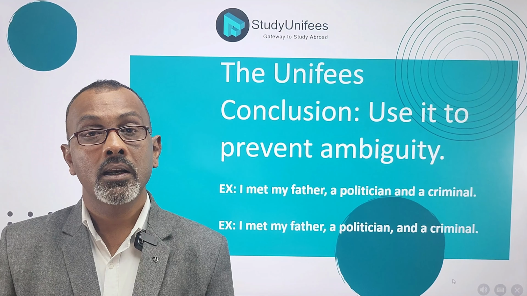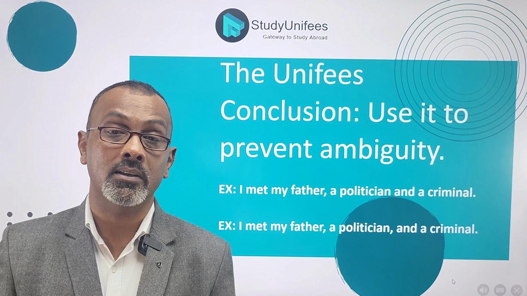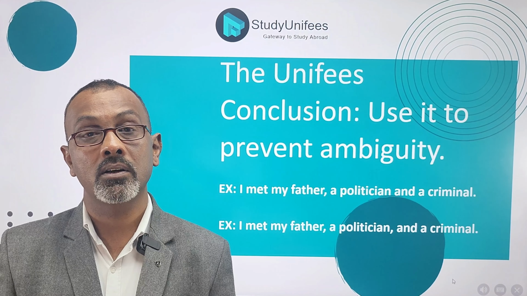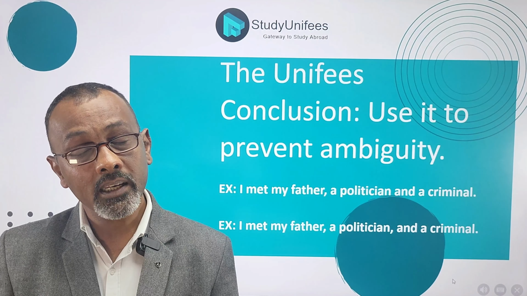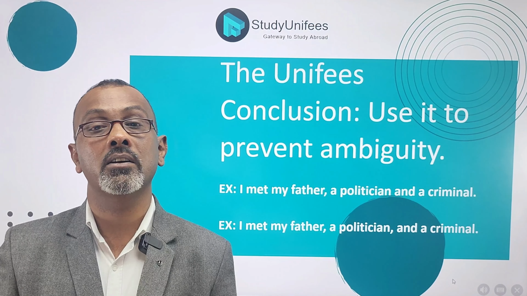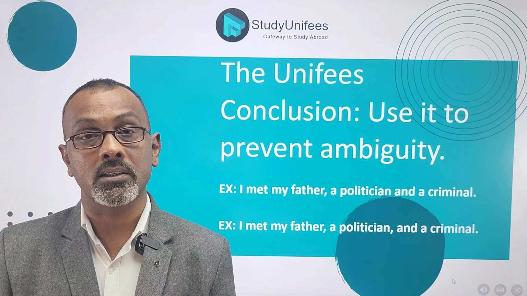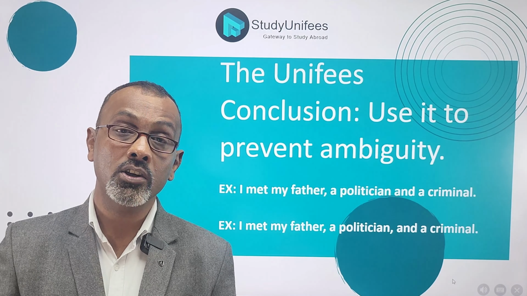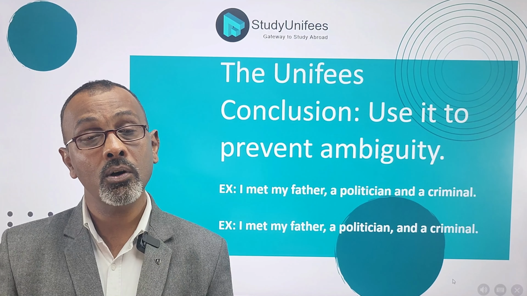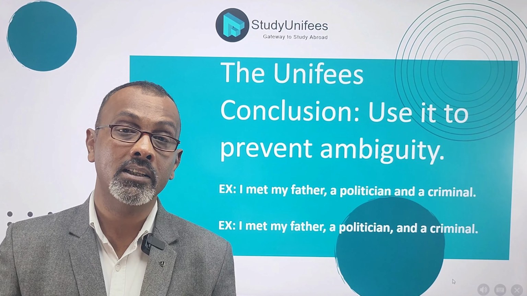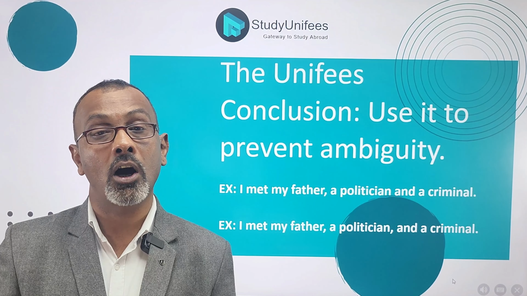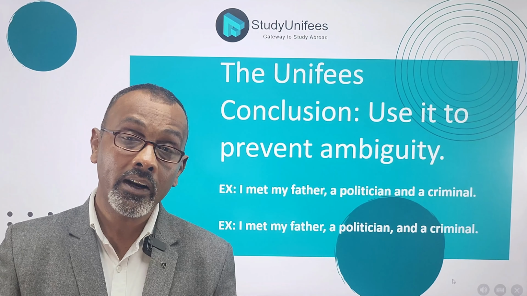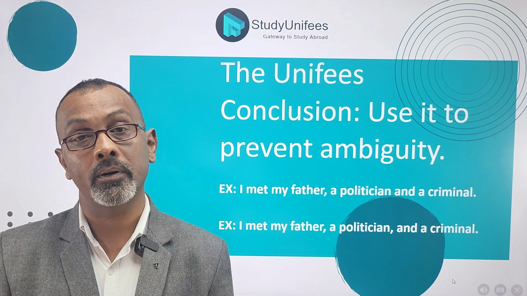This means that there are three persons that you met in the past. One is your father, the second is a politician, and the third is a criminal. Thus, the first example creates a lot of ambiguity. It is not clear whether you met one person or three. The second example, because the Oxford comma has been used, makes it very clear that you met three different people.